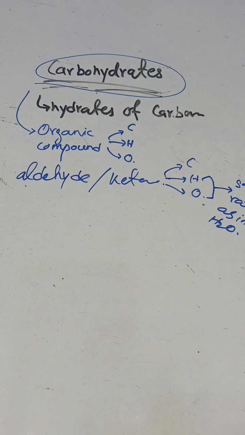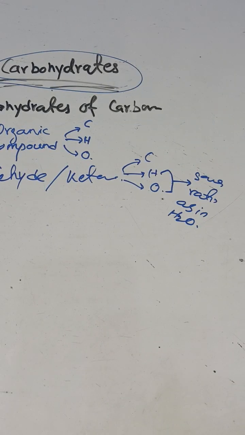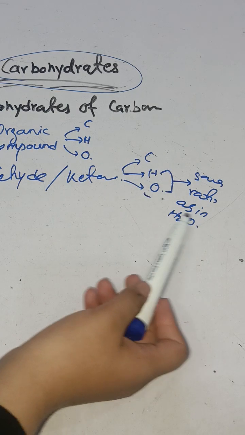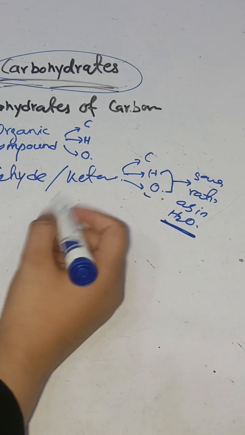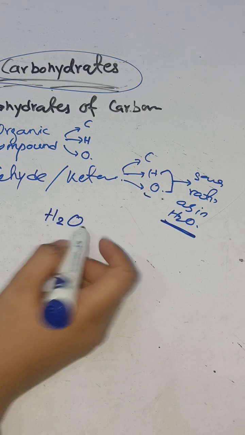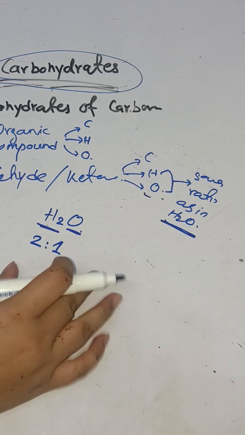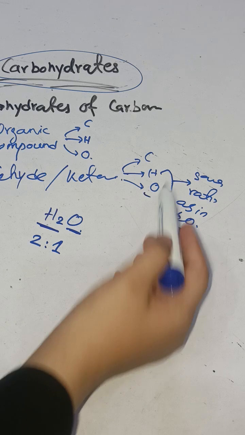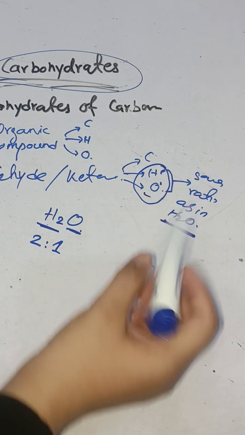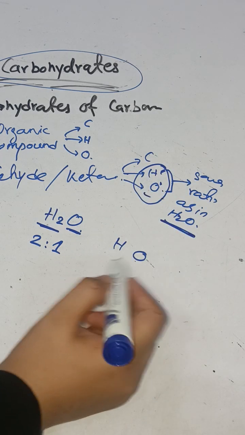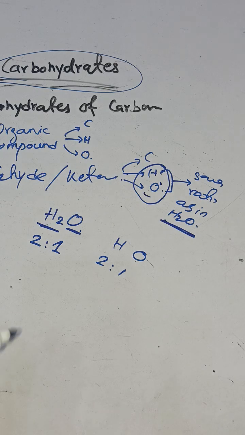So what is the ratio of hydrogen and oxygen in water? In water, which is H2O, hydrogen is 2 and oxygen is 1, so it is 2:1. Also in carbohydrates, the ratio of hydrogen and oxygen is always 2:1.